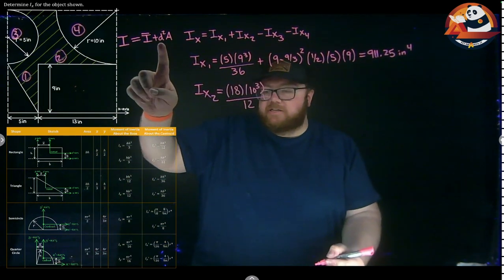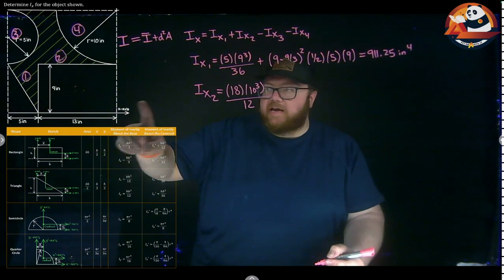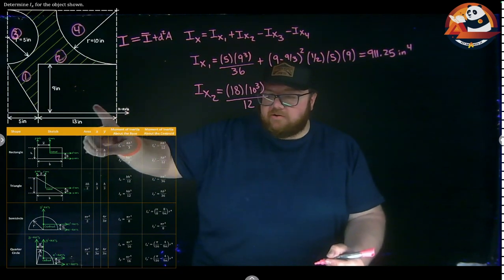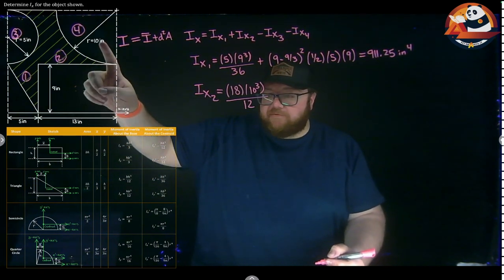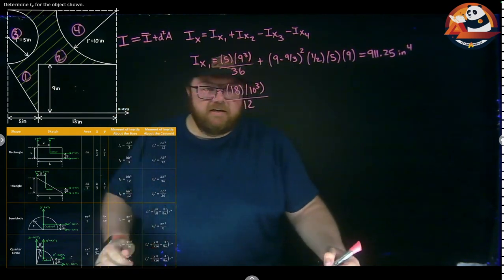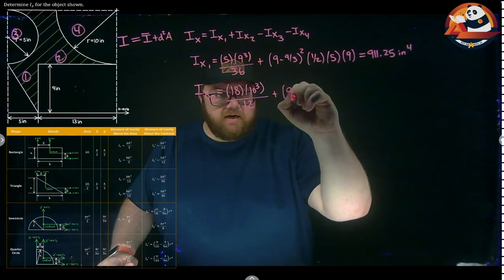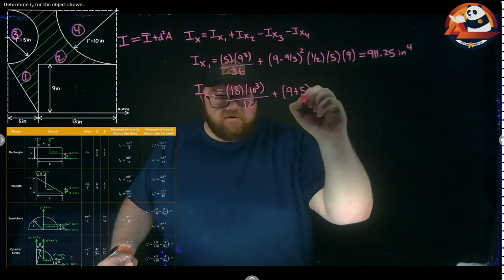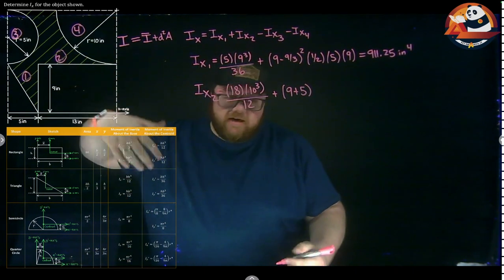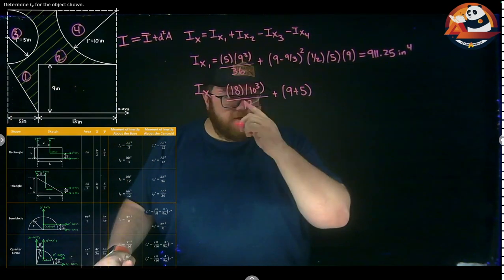Plus the distance between the x-axis and the centroid of my rectangle. Well, that would be 9 plus halfway into it, or just the radius in. So 9 plus 10 divided by 2 gets me there as well.